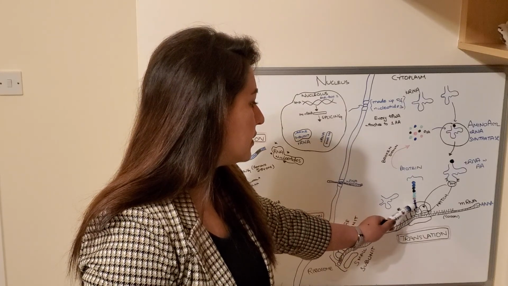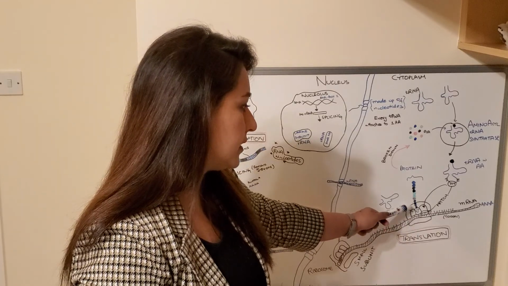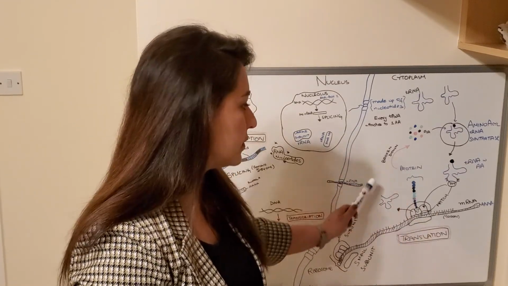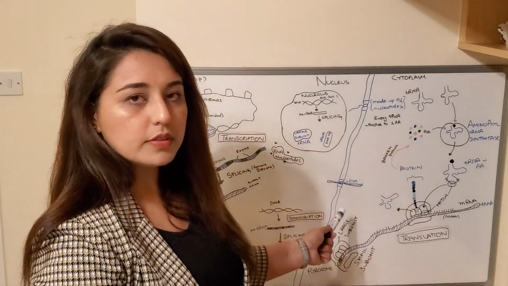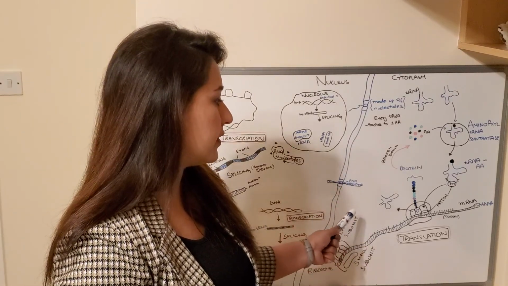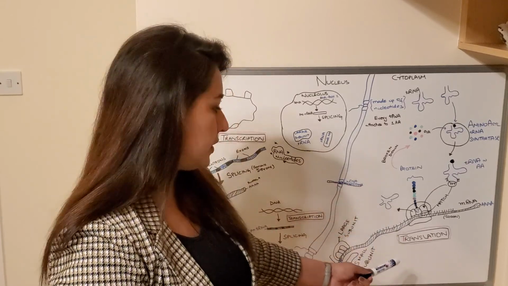And this released amino acid will attach with the other amino acids from other tRNAs and make a protein. So this whole process is called translation. So the ribosomes are helping translate messenger RNA to make proteins.